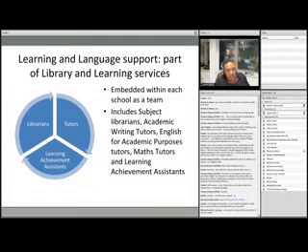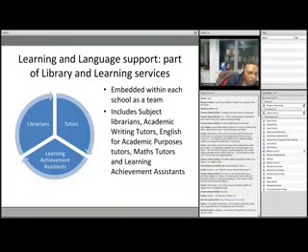And then in terms of where we're situated, our learning and language support is part of library learning services, and we work as quite a tight team. We have our subject librarians, who are embedded within each of the schools.